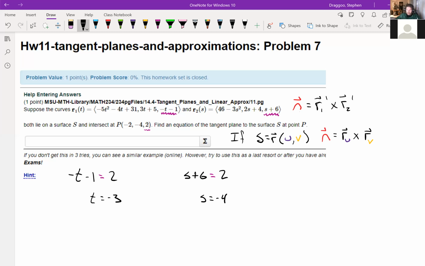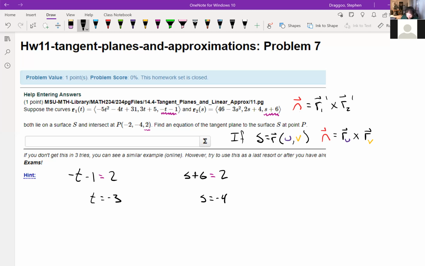Whereas I'm using the partial derivative notation for R_U cross R_V because R in that case is a function of two variables. So I need to be specific about which variable I'm taking my derivative with respect to. R_U is basically the same as R prime. It's just that I need to specify I want the derivative with respect to U, not V. And same thing with R partial V. I'm telling you specifically I want to take the derivative with respect to V, since partial derivatives aren't quite complete derivatives in the same way they were in Calc 1.